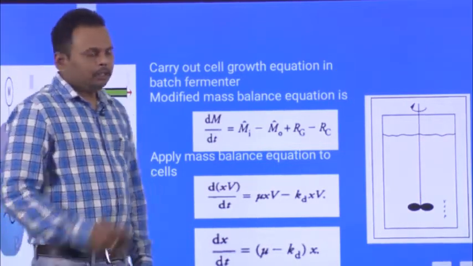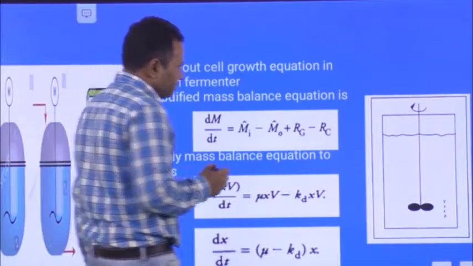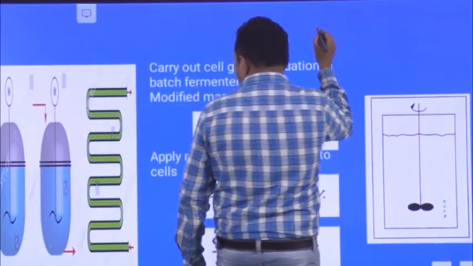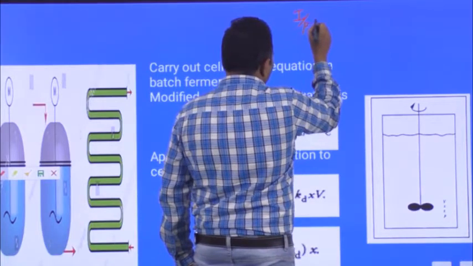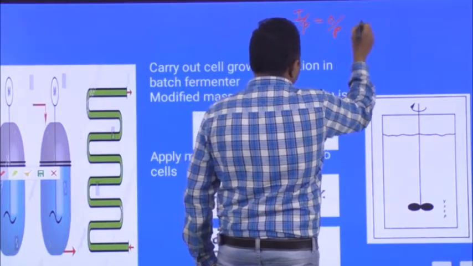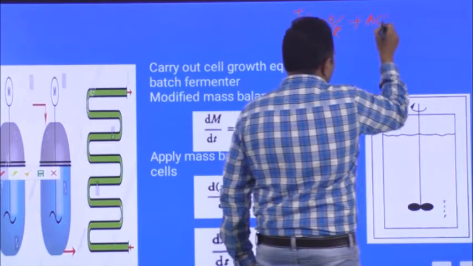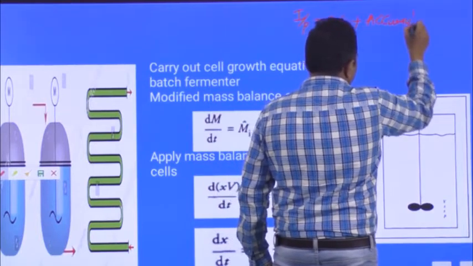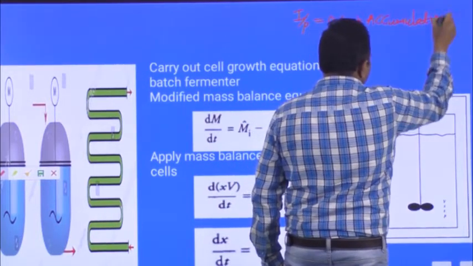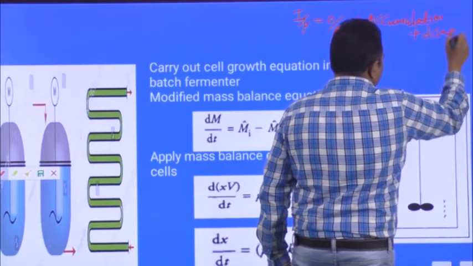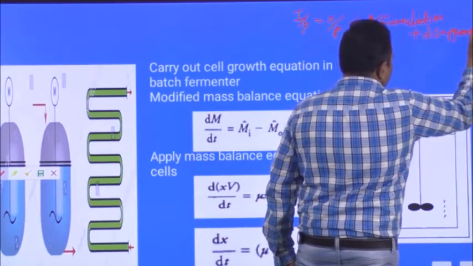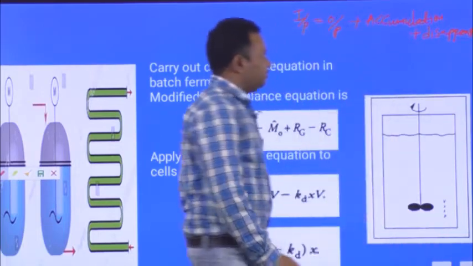In unit 2, the mass balance equation we discussed was input is equal to output plus accumulation plus disappearance.